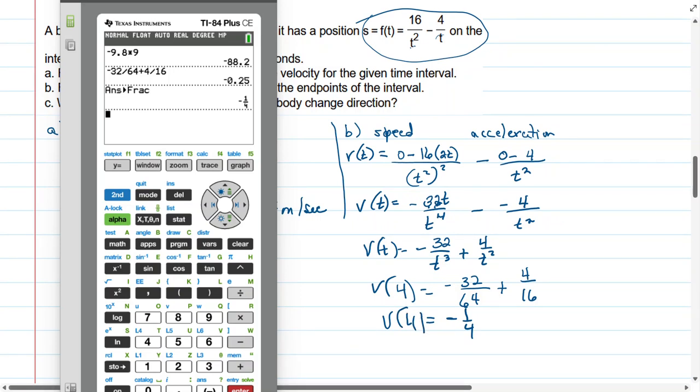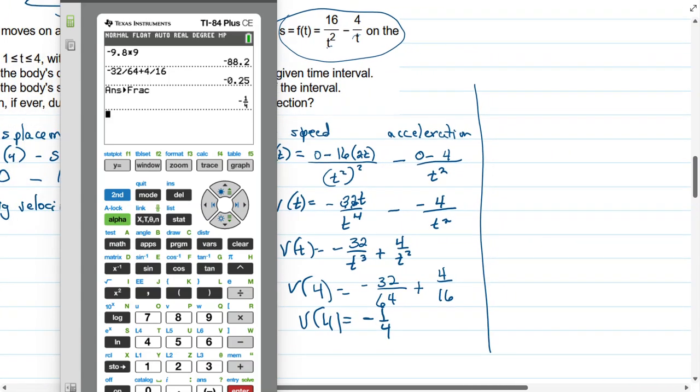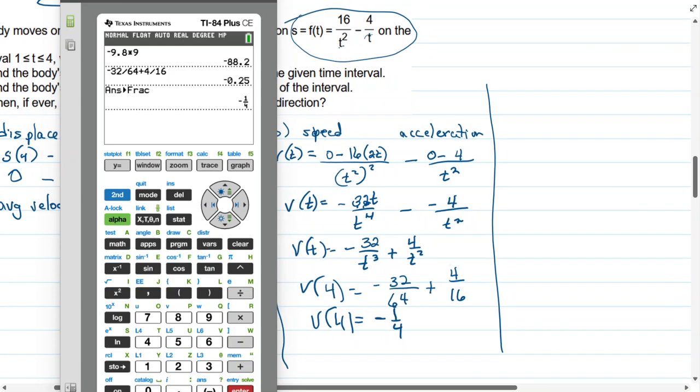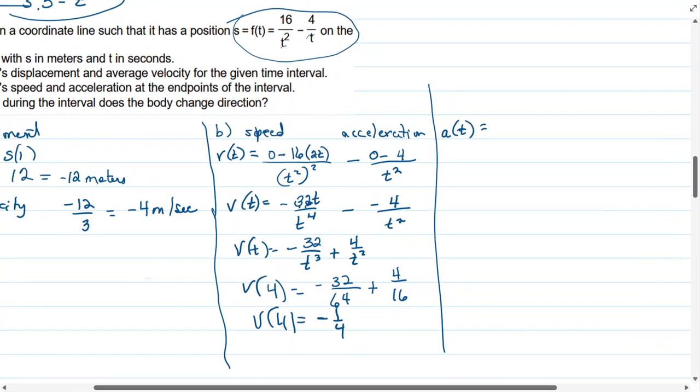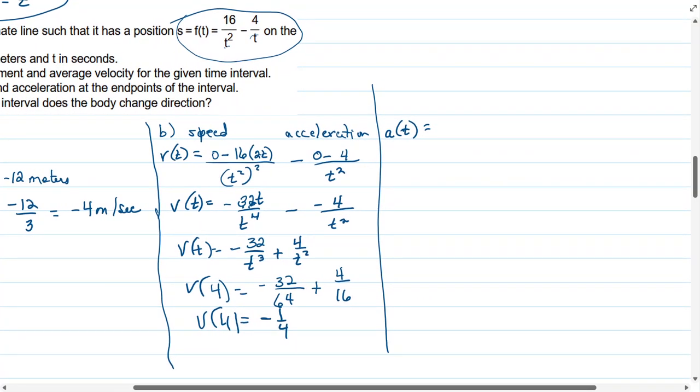All right. Okay. And then it wants acceleration. Okay. So for acceleration, we know we want the derivative of the velocity. That was, isn't speed the, oh, this is absolute value.